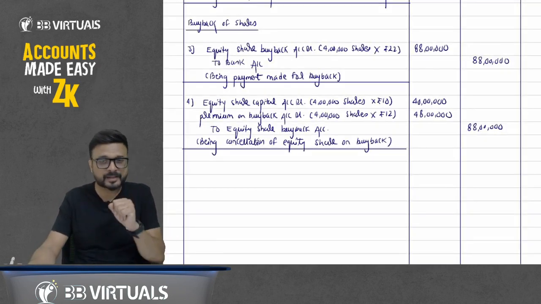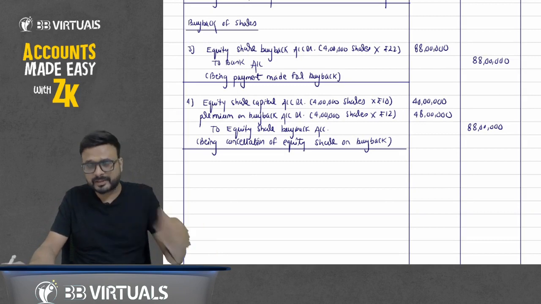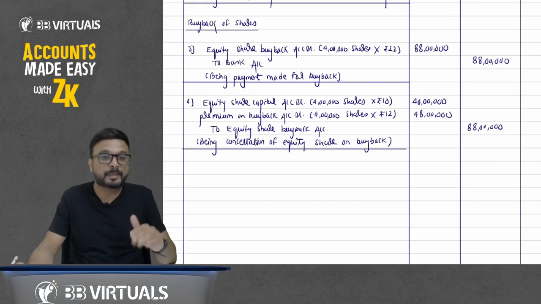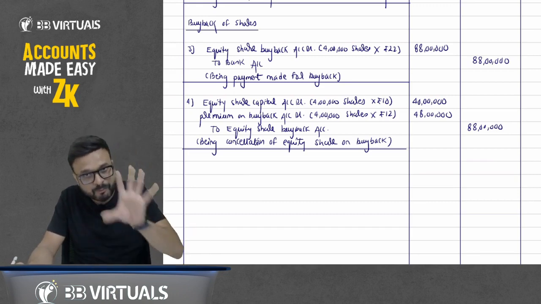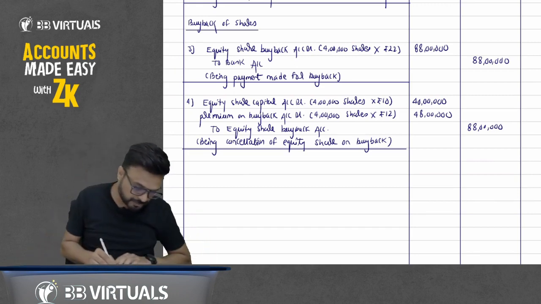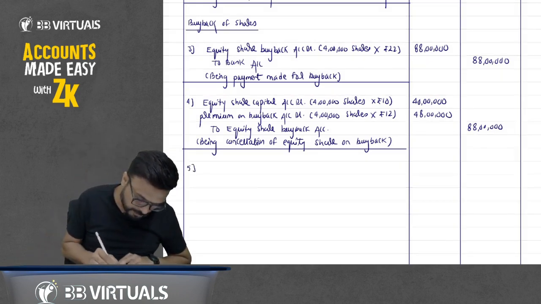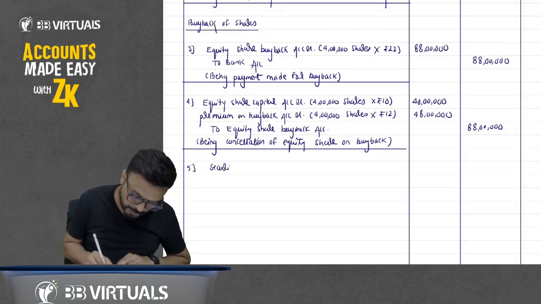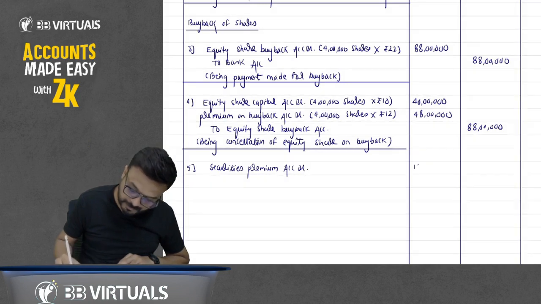Now some student asks, sir, should we utilize 16 lakhs of securities premium? Yes, because it is specifically mentioned that they have a balance of 16 lakh. It means indirectly it is mentioned in the question that you have to utilize that 16 lakh. And then we will utilize general reserve. So first, securities premium account debit 16 lakh.